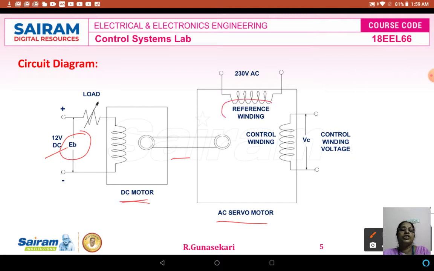This winding is known as the reference winding because a constant voltage, that is 230 volt AC, is applied to the reference winding. The control winding voltage is applied to the control winding. I already told you it is a variable one, adjusted with the help of the control winding voltage potentiometer.